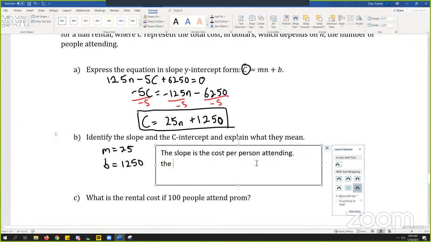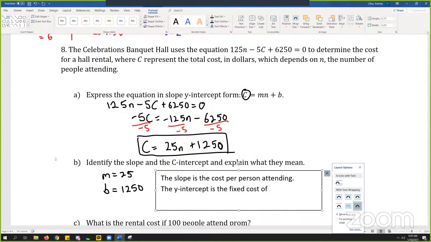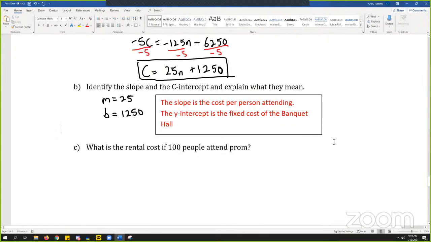The y-intercept is the fixed cost of the banquet hall. All right, and there's our explanation there. So this is what I wanted to see for question B, explaining what that represents in terms of the question.